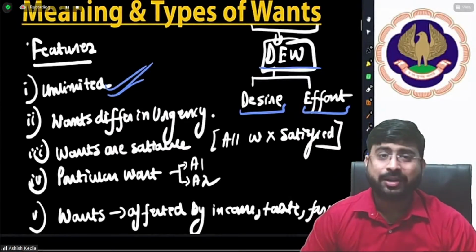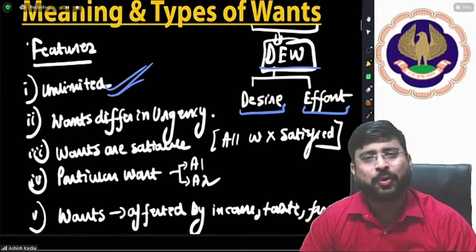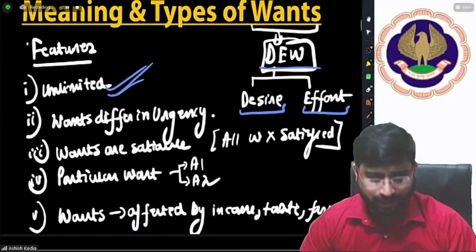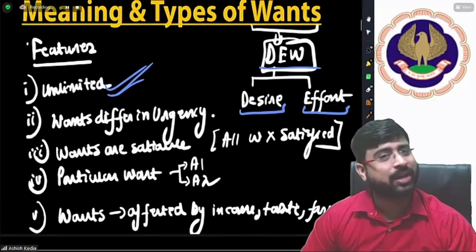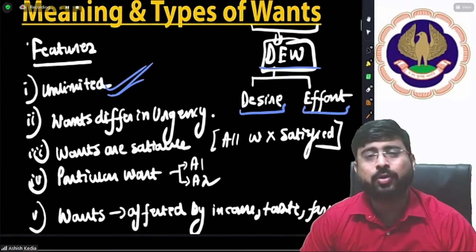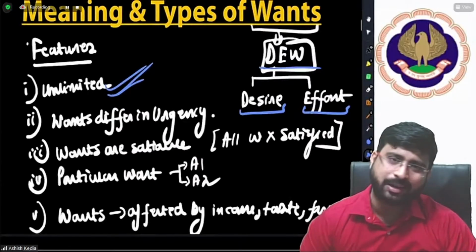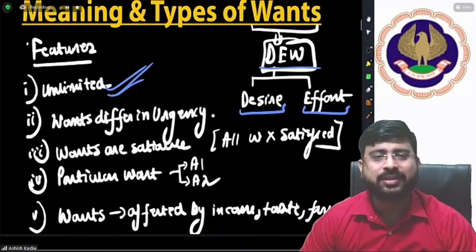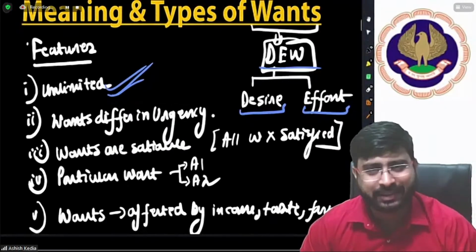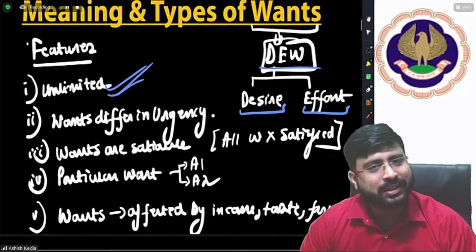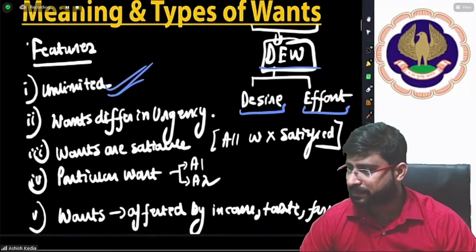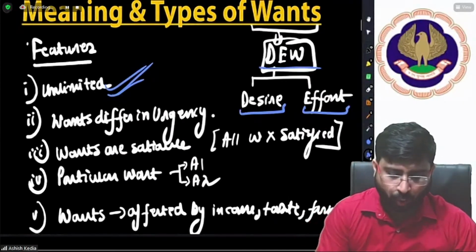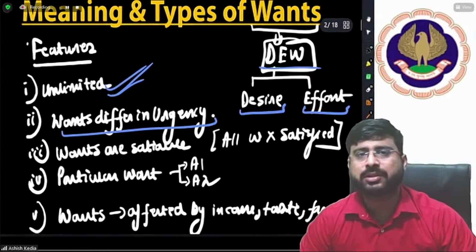Yes, you want that, but it is not very urgent if tomorrow is your exam. That's what we are studying. Wants differ in urgency. Some wants need to be satisfied immediately or very soon. Some can take a little more time. And that's what we are saying. What is most urgent is satisfied first. Got it, sir.